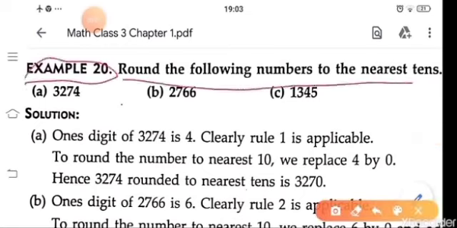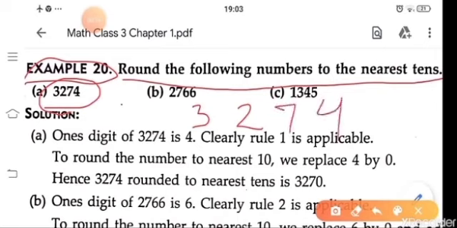Example 20: Round the following numbers to the nearest 10. The first number is 3274. Children, 3 is at the thousands place, 2 is at the hundreds place, 7 is at the tens place, and 4 is at the ones place. Rule number 1 is applicable here.